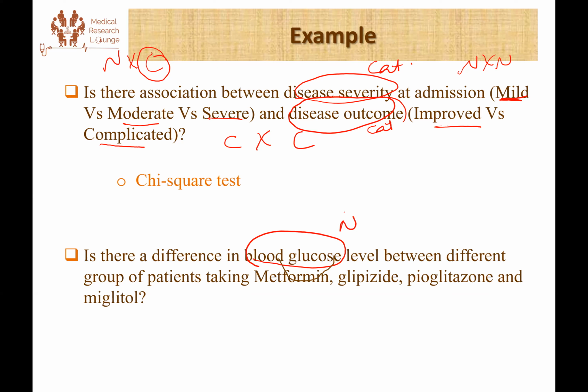And we have different drugs that the patients are taking. And it literally says different groups of patients, so this is automatically independent groups. They're taking medications: metformin, glipizide, pioglitazone, and miglitol. So there are 4 independent groups for the categorical variable.